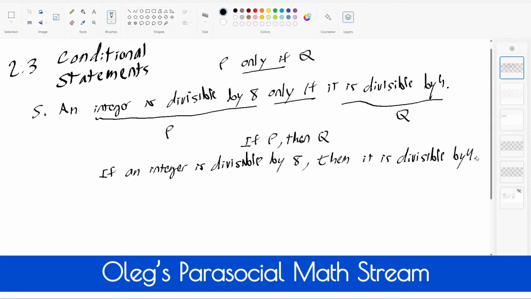Okay, let's read it. First, we have our statement in the form of P only if Q, the original. An integer is divisible by 8 only if it is divisible by 4. And now we have rewritten it as if P then Q. If, taking the P, an integer is divisible by 8, then it is divisible by 4. Cool.